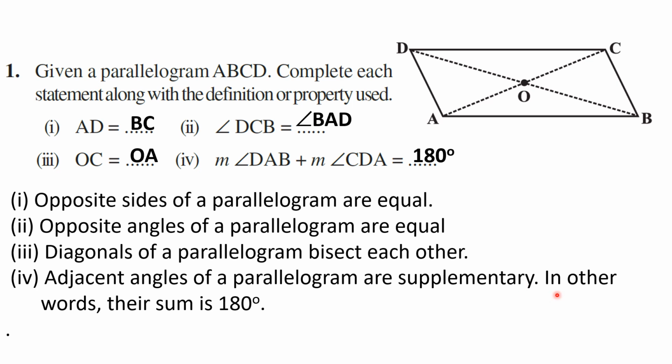Supplementary means, in other words, their sum is 180 degrees. So these are the answers and these are the properties of parallelograms on the basis of which we have filled up these blanks. So do practice this question very carefully.